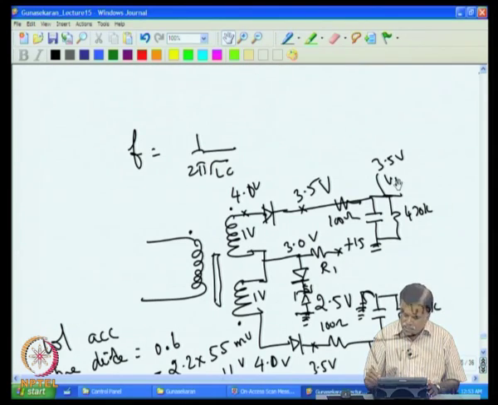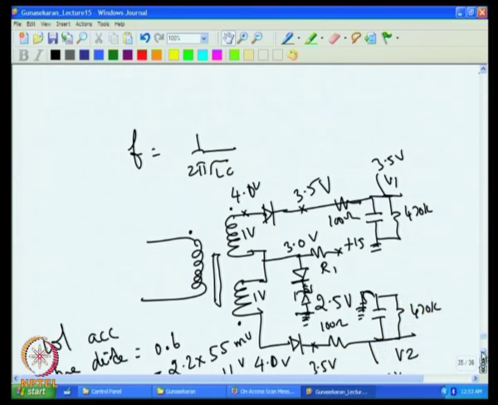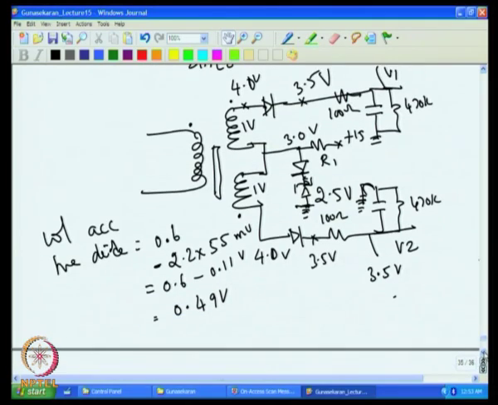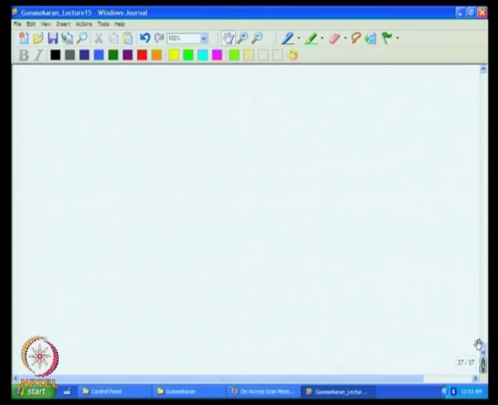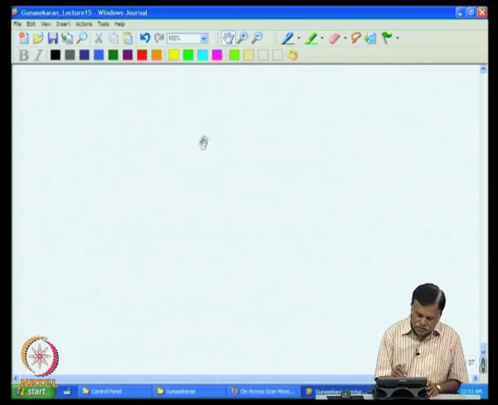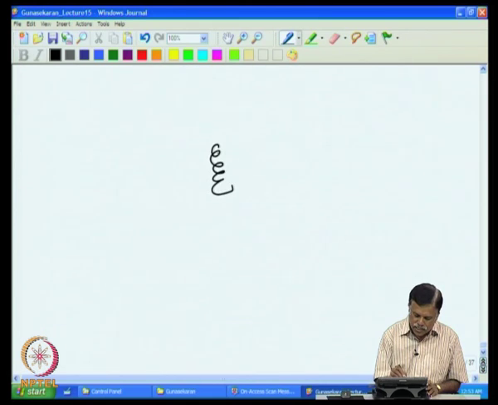So, this voltage now can be summed up as you set in the comparator amplifier. So, what you do is now I will take the two secondaries here.